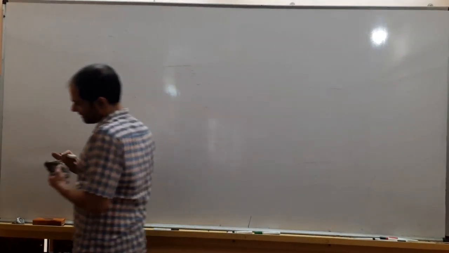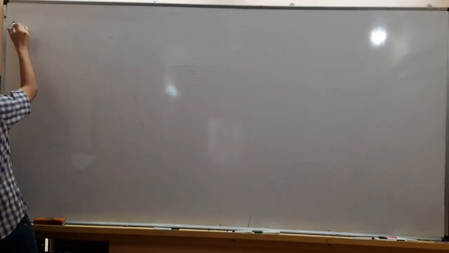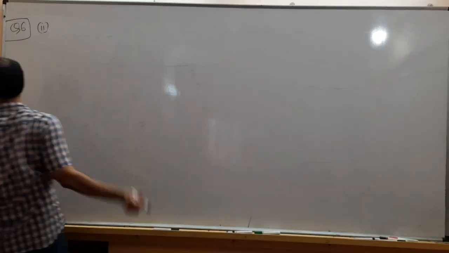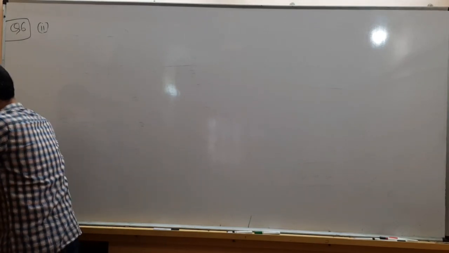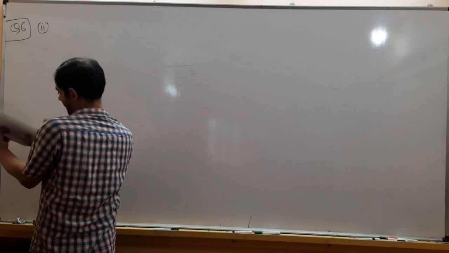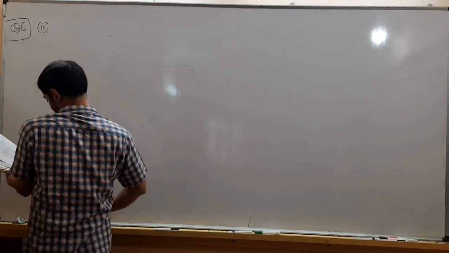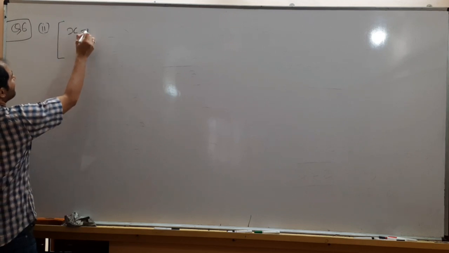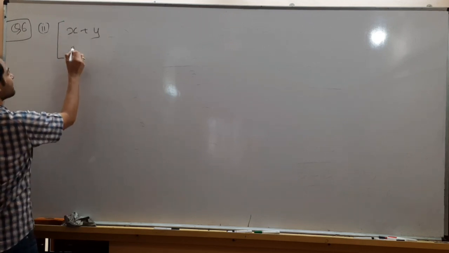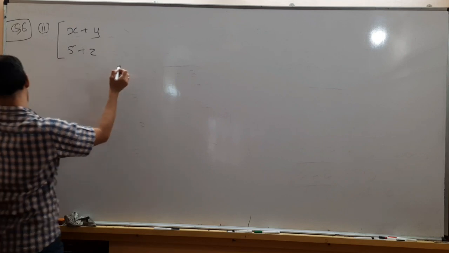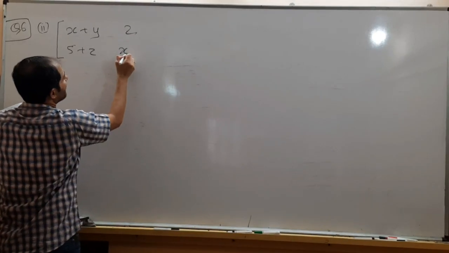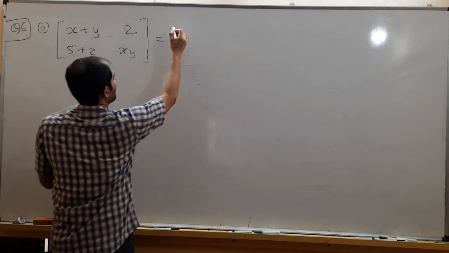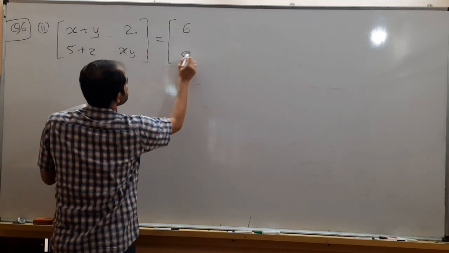So what I will do is that I am solving question number 6 of exercise 3.1, the second question. Okay, what is given? Two matrices are given that are equal: x plus y, 5 plus z, 2, xy is equal to 6, y, 2, 8.